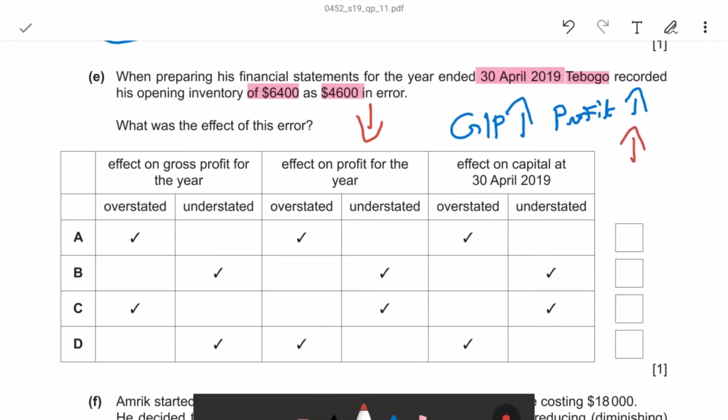So this understatement in the cost of inventory will increase both profit and capital. So what is the correct answer? Overstated: gross profit overstated, profit overstated and capital overstated. The correct answer is A.